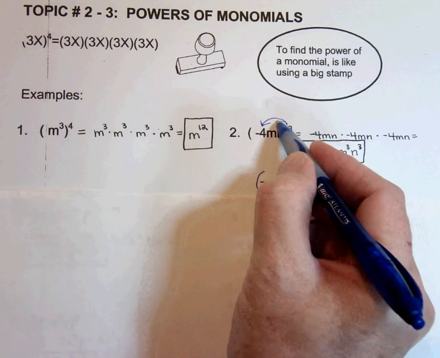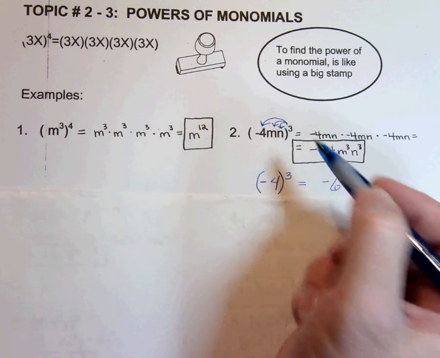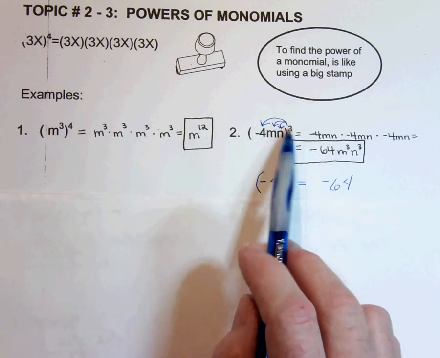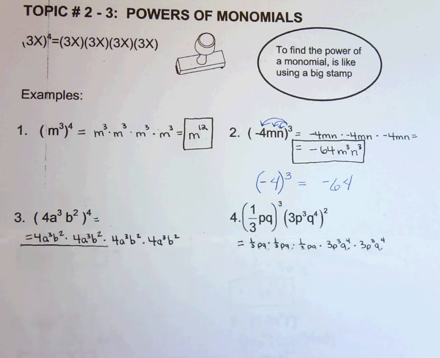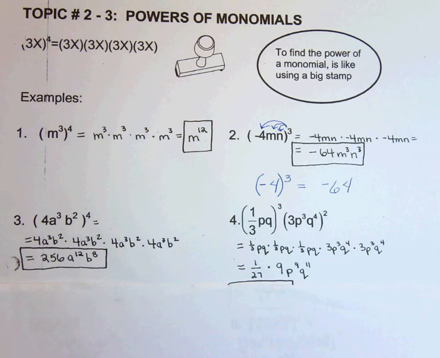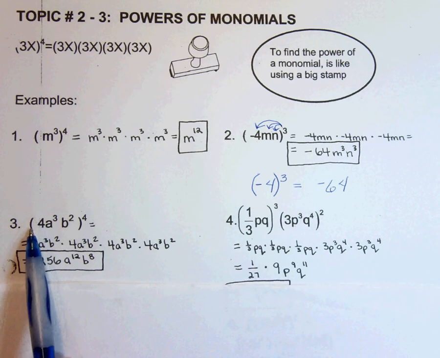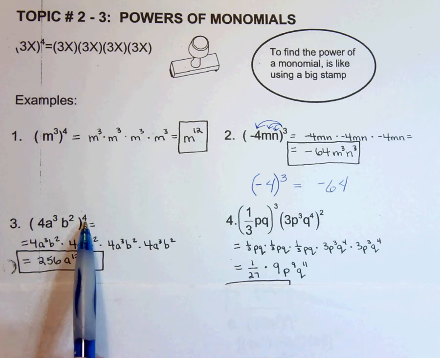You take the m to the power of 3 and the n to the power of 3. So each one of them now becomes raised to the powers, like multiplication. Alright, so let's look at a few more examples. Number 3, the 4, you're stamping it 4 times, because this whole thing, the monomial in the parentheses, is now raised to the power of 4.